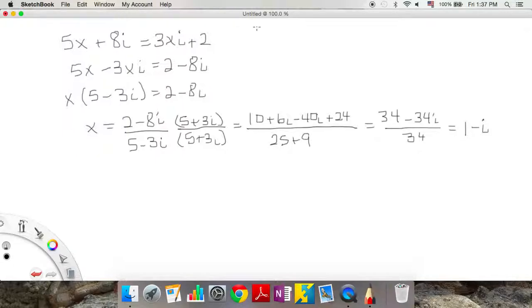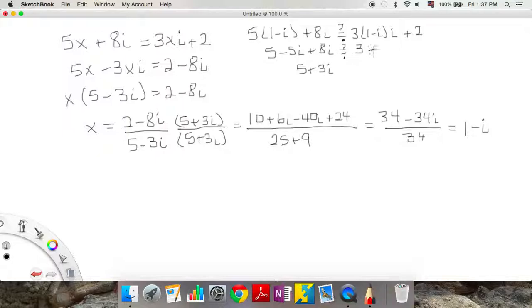If we plug that in there, 5 times 1 minus i plus 8i equals, with a little question mark there, 3 times 1 minus i plus 2. So we've got 5 minus 5i plus 8i, so 5 plus 3i on this side. Do we get that on the other side?